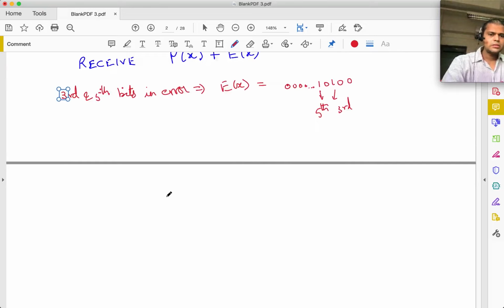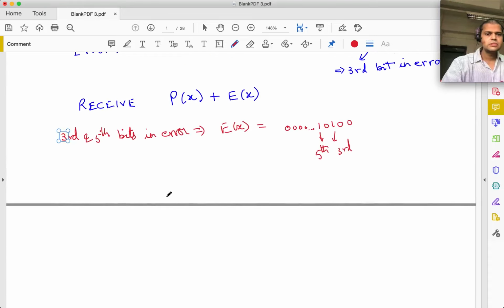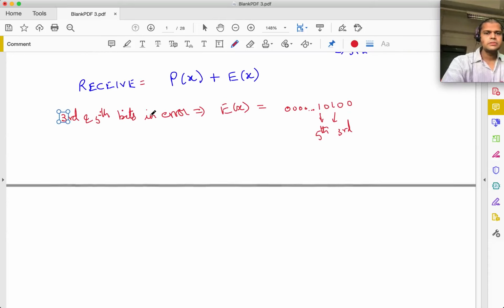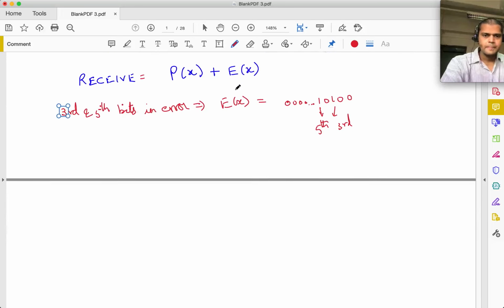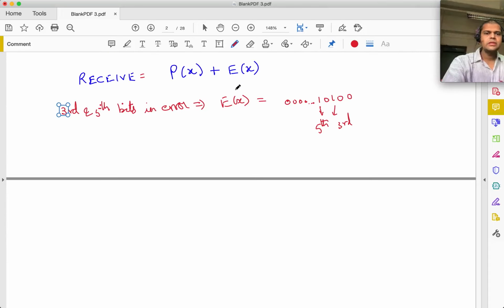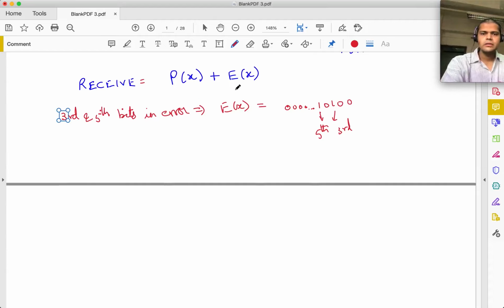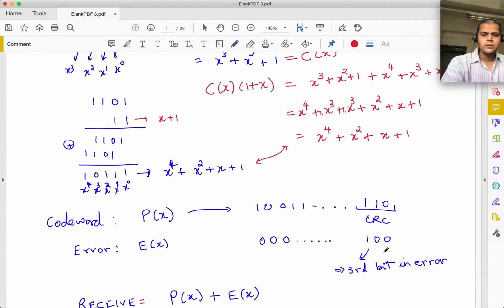So let's look at this. Suppose this is what we receive, and suppose these are the errors. What exactly do we want the CRC system to give us? We said we are going to divide by this divisor, whatever divisor we've used, and if the resultant is 0, then we say that there is no error.